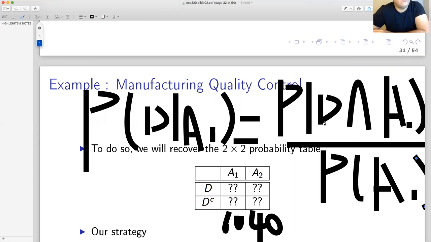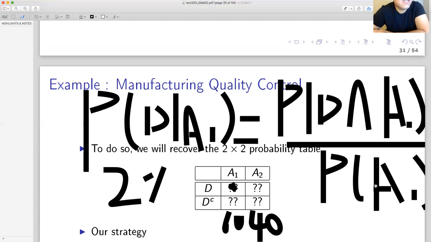So something we are looking for is actually this one, because that is joint probability, right? So probability of D and A1, which is over here, joint probability would be here. So we know this is 2%, right? What is the probability of A1?